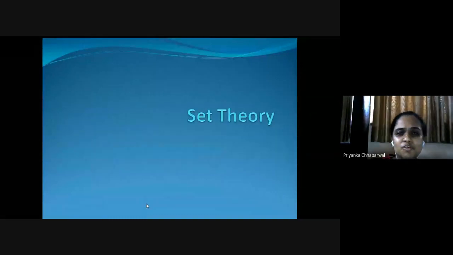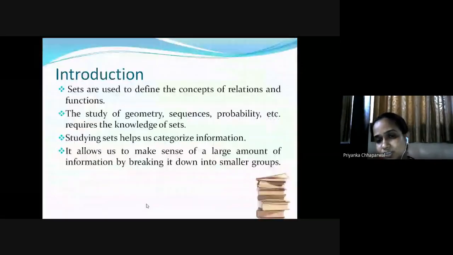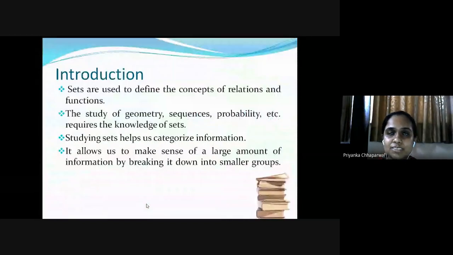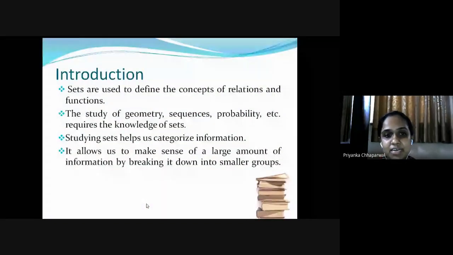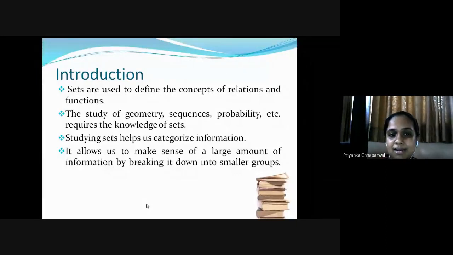So first of all, we understand why we study set theory. First and most important, sets are used to define the concept of relations and functions.